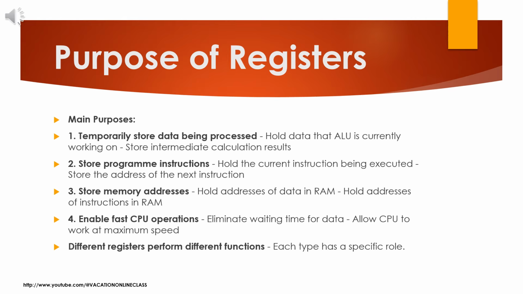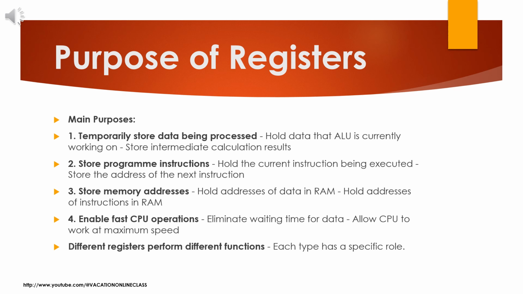Second, they store program instructions. A register holds the specific command currently being executed, while another keeps track of exactly where the next instruction is located, so the CPU never loses its place.